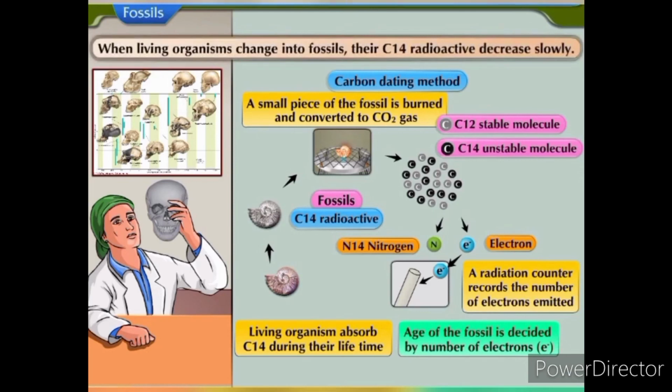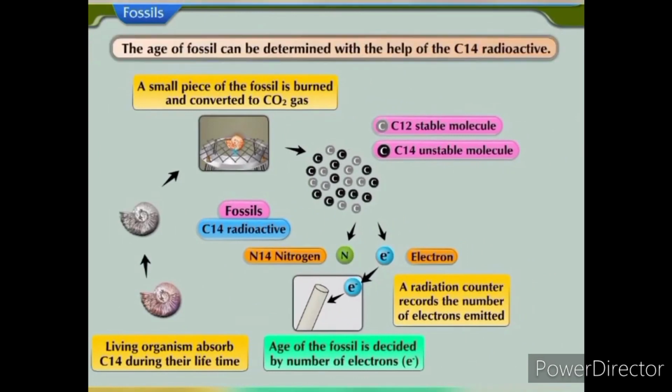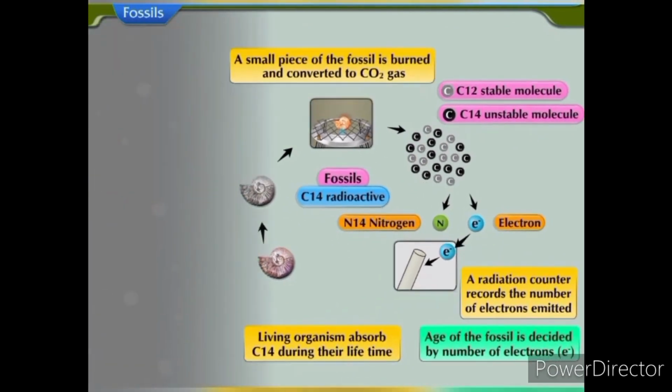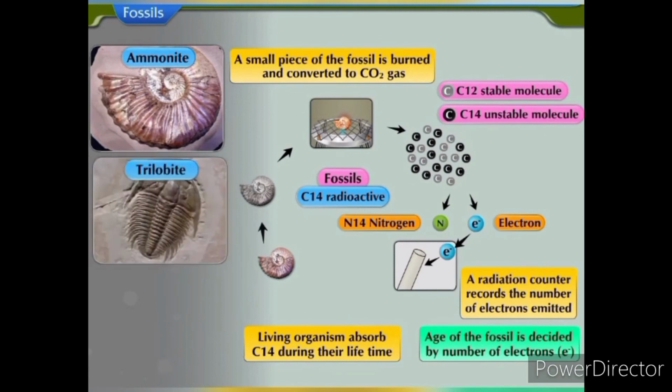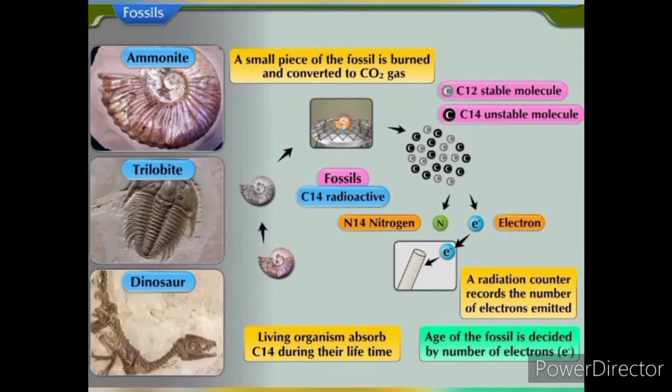When living organisms change into fossils, their radioactive carbon-14, or C14, decreases slowly. Thus, the age of a fossil can be determined with the help of the C14. The ages of ammonite, trilobite, and dinosaur are determined by this process.